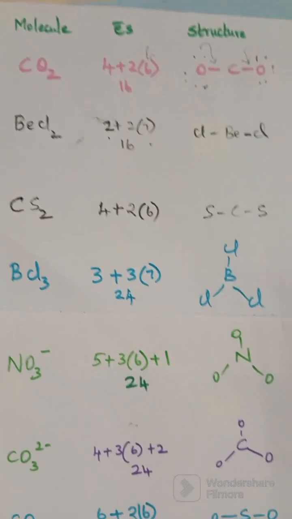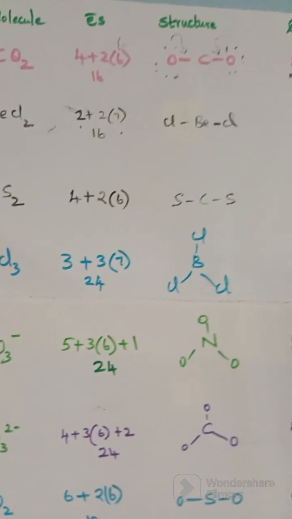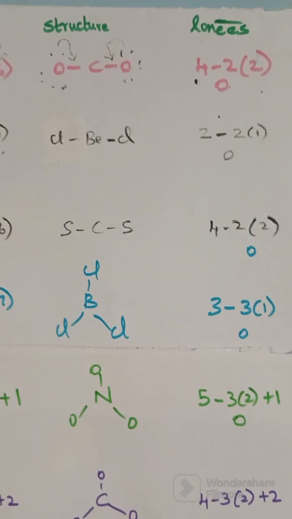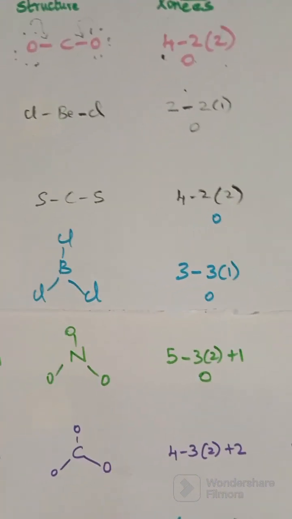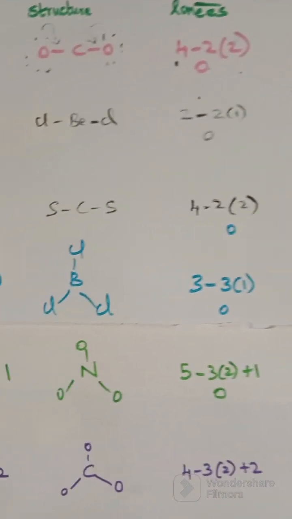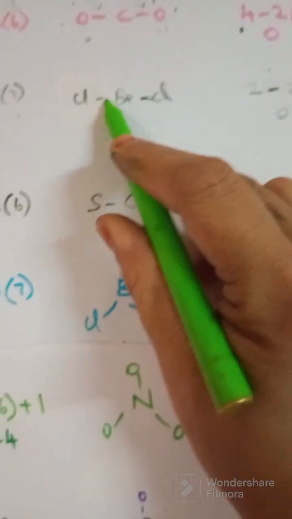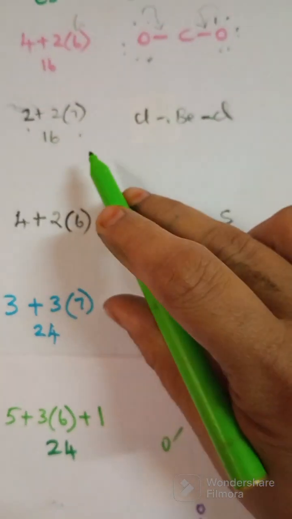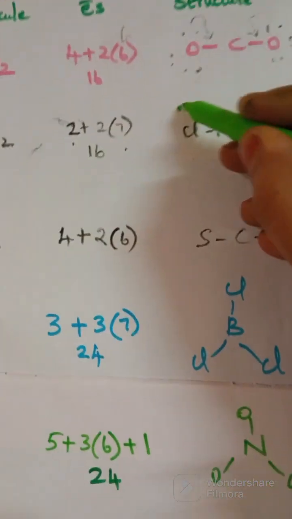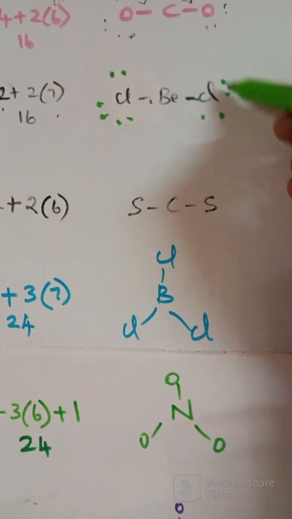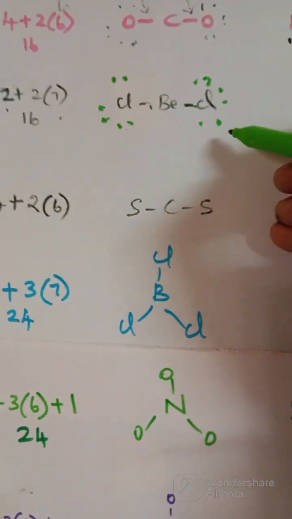Similarly, you can see for beryllium chloride. You apply this formula. So 2 plus 2 into 7, it amounts to 16. The 2 atoms are bonded to beryllium. For chlorine, so 2 plus 2, 4. But there are totally 16 electrons. So you have to accommodate the remaining: 2, 4, 6, 8, 10, 12, 14, 16.